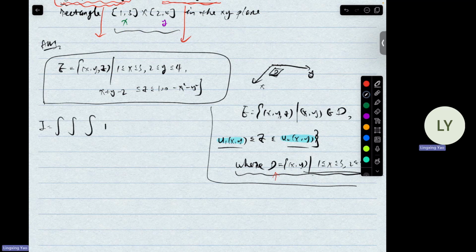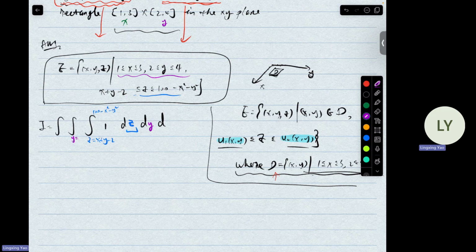So the integrand is 1, and we choose, obviously, the interior variable to be z, coming from here. The lower bound is x plus y minus 2. The upper bound is 100 minus x squared minus y squared. And then, because x and y have constant bounds, it doesn't really matter which one we integrate first and which one we keep as the exterior integral variable.